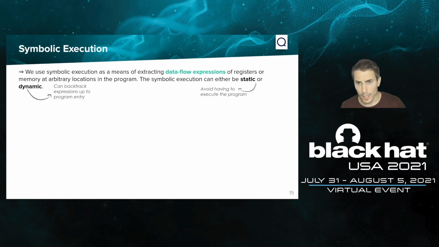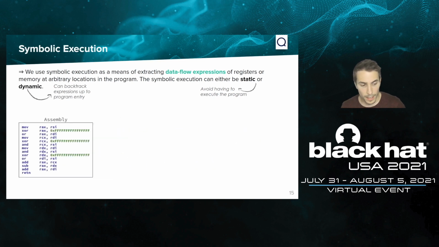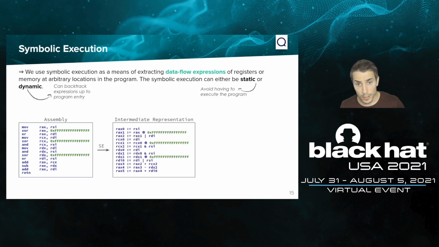In practice, we do our symbolic execution statically or dynamically on a trace. That works the same. To give you a little overview of how it works, here is a small MBA at assembly level. If you execute it with a symbolic executor, it will lift it to an intermediate representation encoding the semantics.